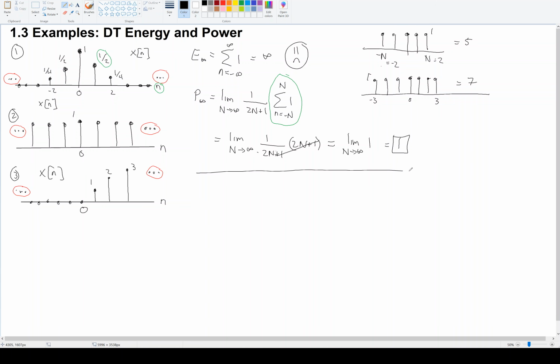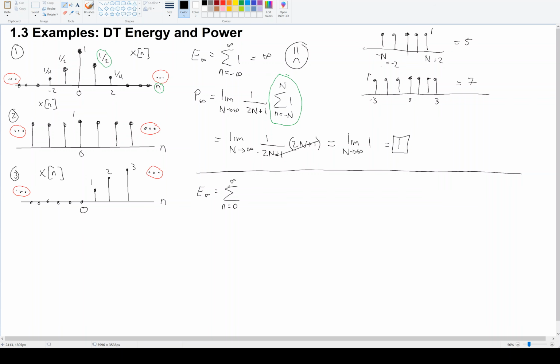Okay, finally then, example 3. I'm going to calculate the energy of this guy. Okay, and that is, again, the sum from minus infinity to infinity of the absolute value of the signal squared. However, again, from the left of the origin, the signal is 0 and contributes no energy. So I can just as well start my sum from 0 to infinity.